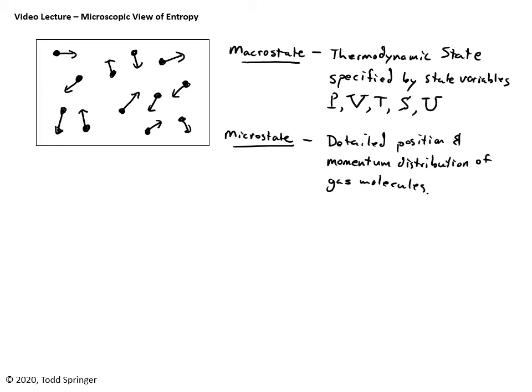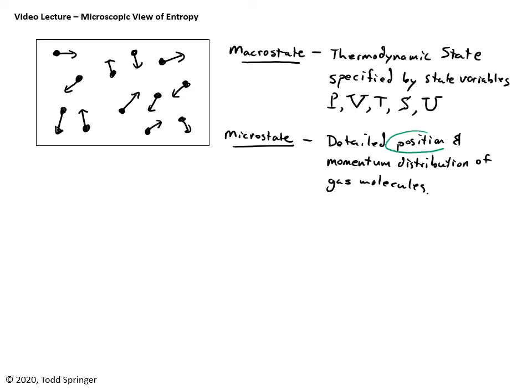So I got to know exactly how are the atoms arranged in the box and what their momentum distribution looks like. So how fast are they moving? That tells me about their kinetic energy, which tells me about the temperature and the internal energy.